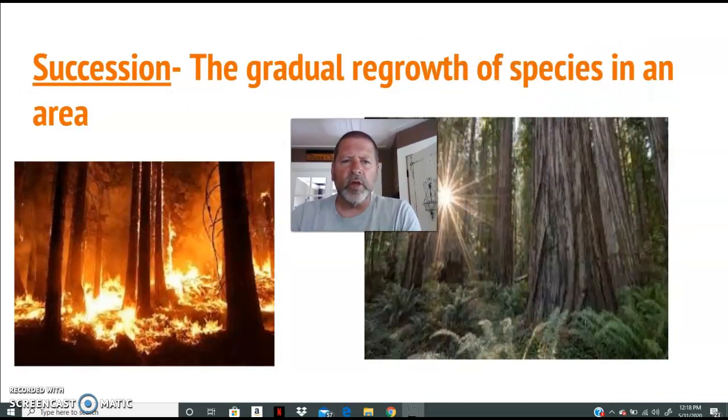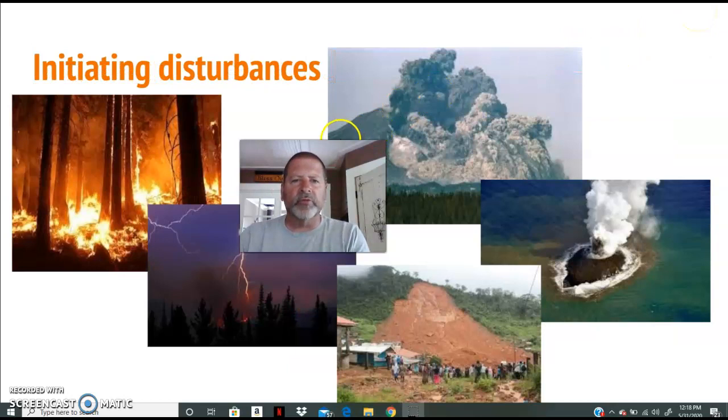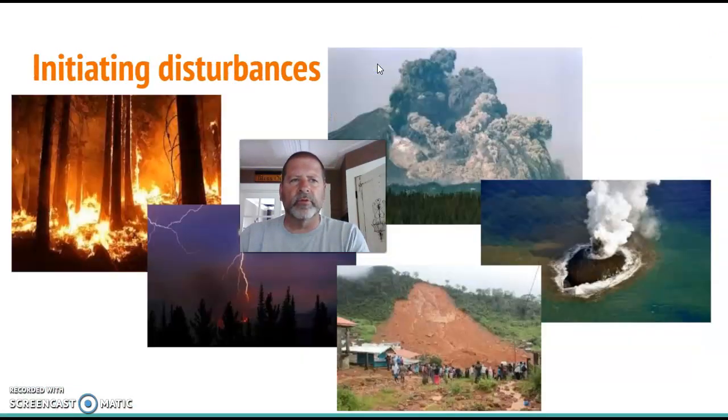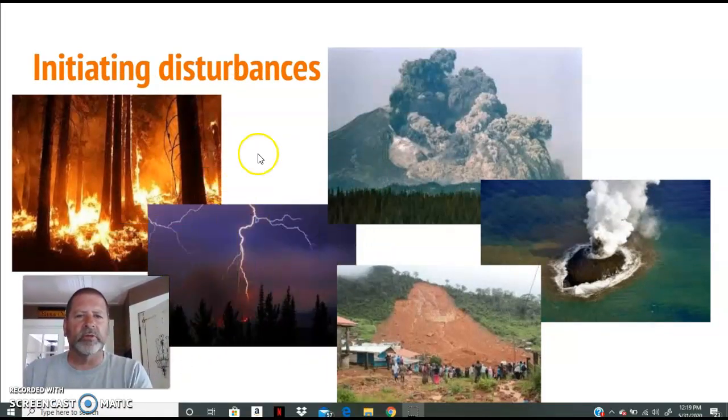The next thing that we're going to study is a concept called succession, which is defined as the gradual regrowth of species in an area. Typically when we think about succession, it's after some type of major disturbance or disaster.